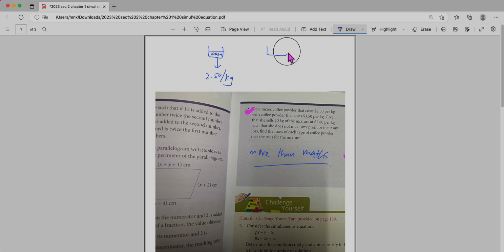Then you have this more expensive, probably better quality powder. That's why it costs more, per kg. And now you mix these two together.